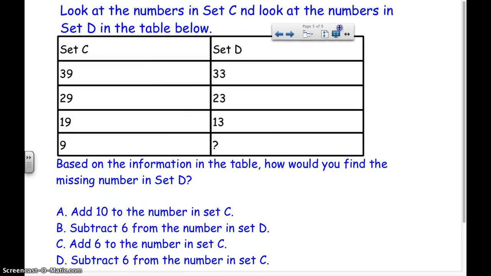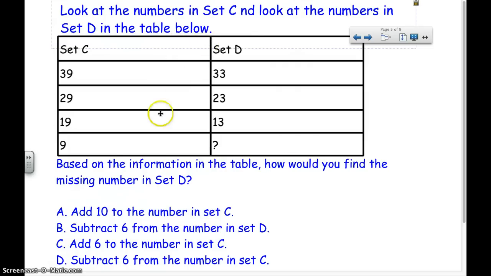Next, look at the numbers in set C, and, that's supposed to say and, look at the numbers in set D in the table below. Based on the information in the table, how would you find the missing set number in set D? Well, first I'm going to look at the table, and I'm going to say, okay, 39 and 33, 29 and 23, 19 and 13, so 9 and blank.